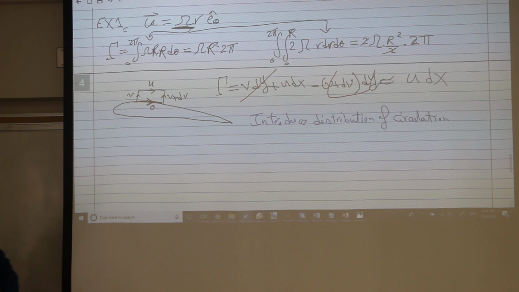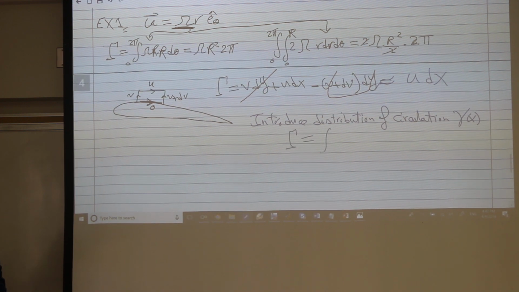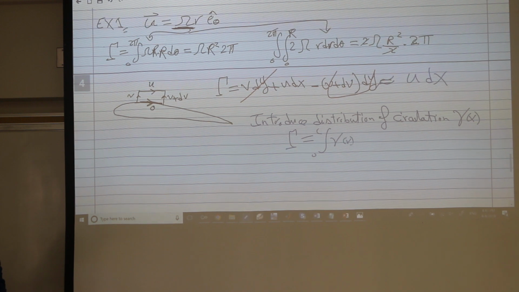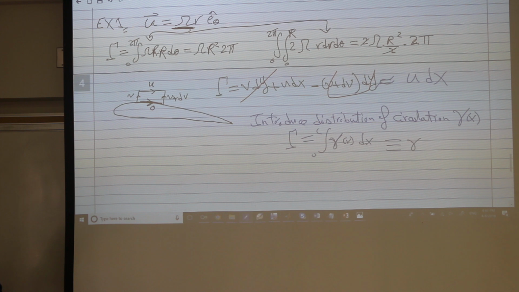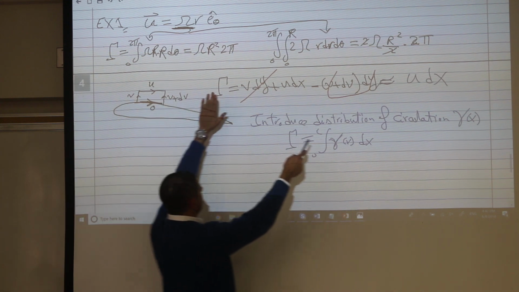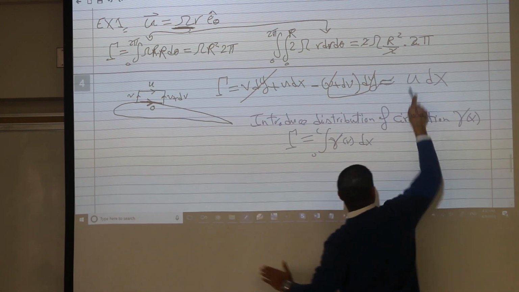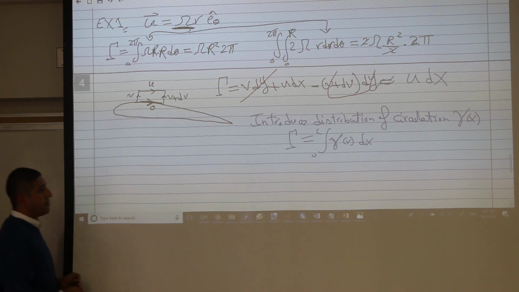If you introduce a circulation distribution little gamma, function of x, the relation would be, of course, large gamma equals the integral from 0 to c of gamma of x dx, right? Or equivalently, large gamma will be little gamma dx, or little gamma is d large gamma by dx.